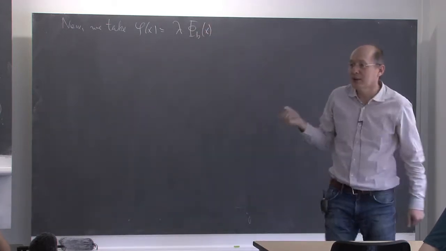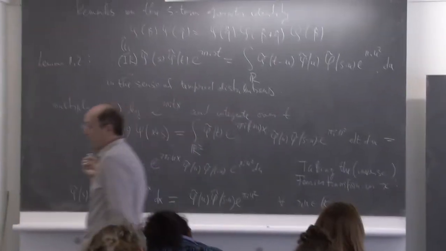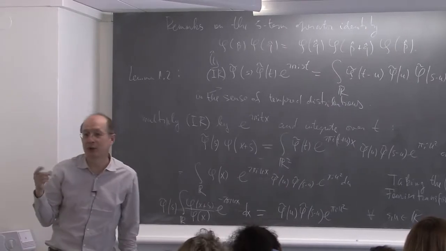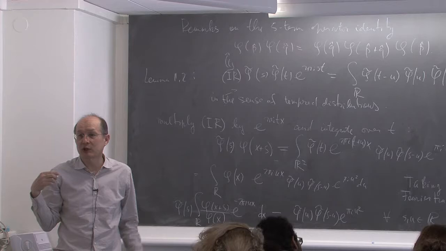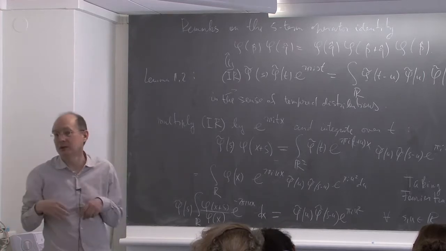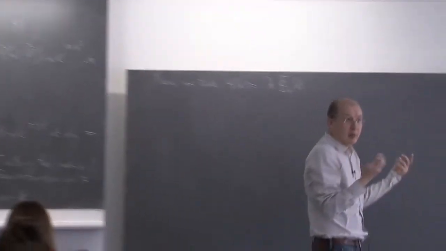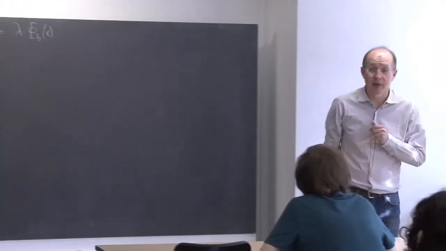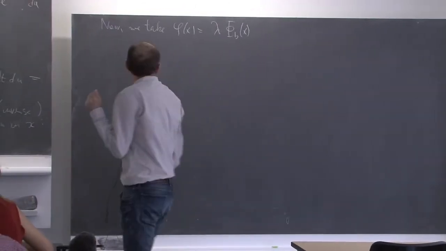Why lambda? Because I remind you that we proved the 5-term identity only up to a multiplicative scalar constant, because we proved it by conjugating operators by the left-hand side and right-hand sides of the equation. So this fixed the identity only up to a multiplicative constant.